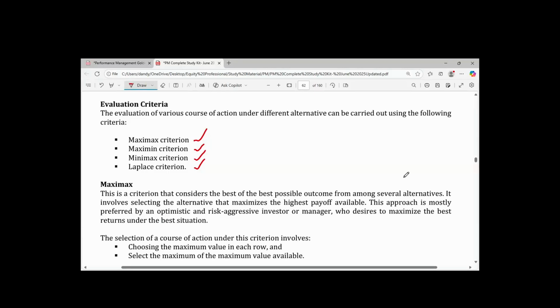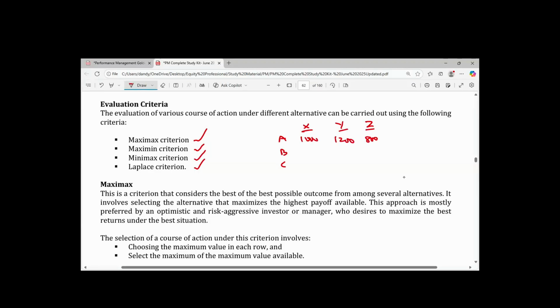Let me explain this. Let's say, for example, you have alternatives A, B, and C. You also have states of nature X, Y, Z. These are the events in the economy, right? Let's say alternative A under X is 1,000, under Y is 800.